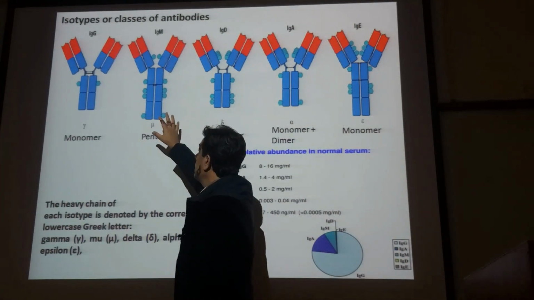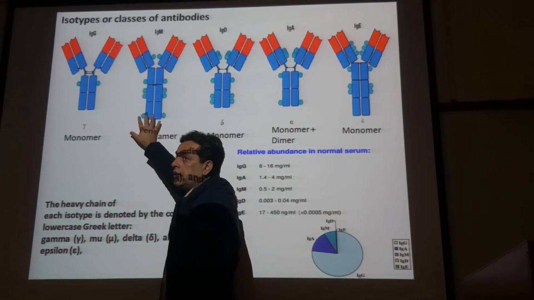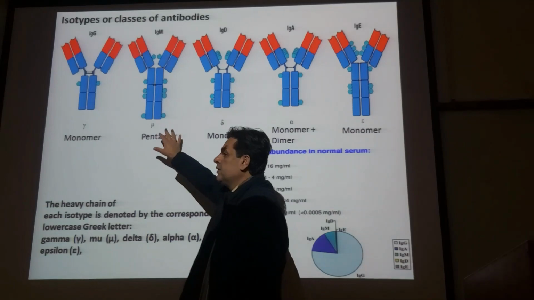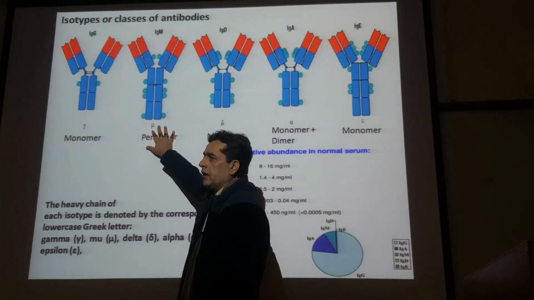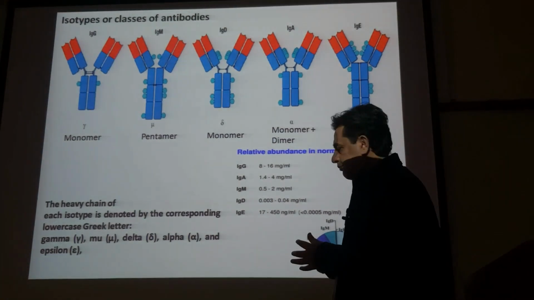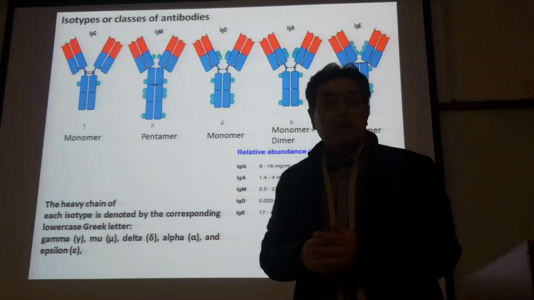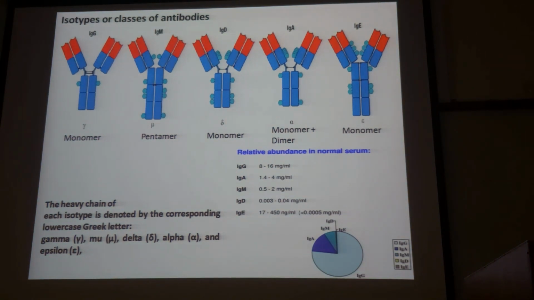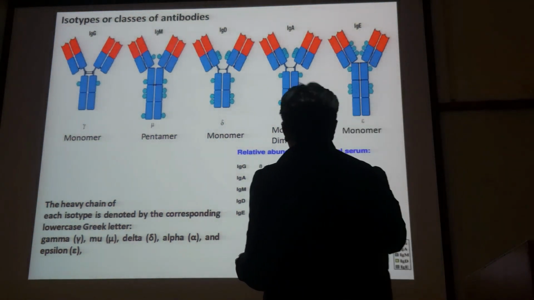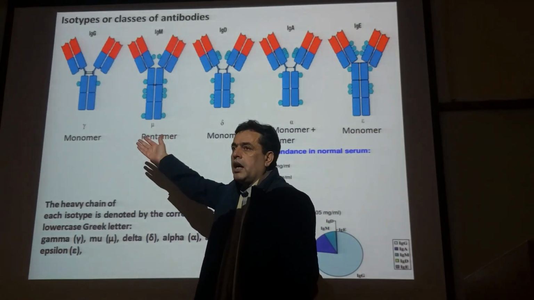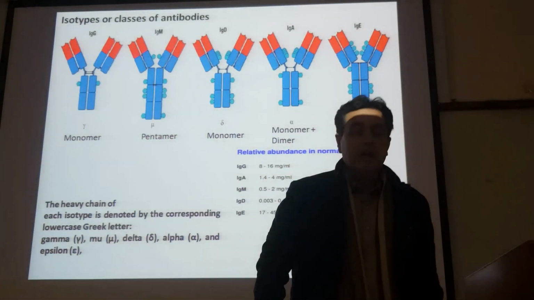For instance, at an initial stage of infection, IgM is produced by the B cells, and then after some time IgM production is stopped, and the B cells need to make another antibody, like the IgG antibody.